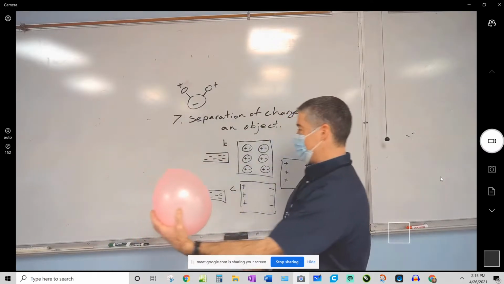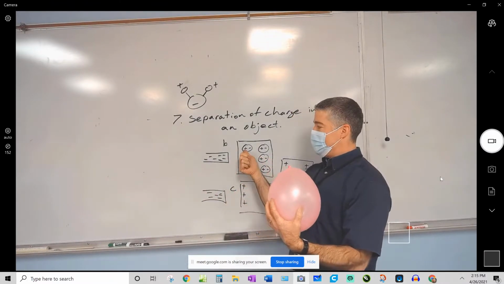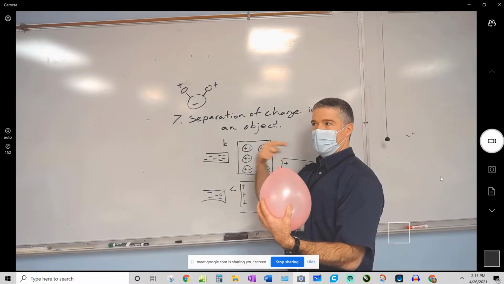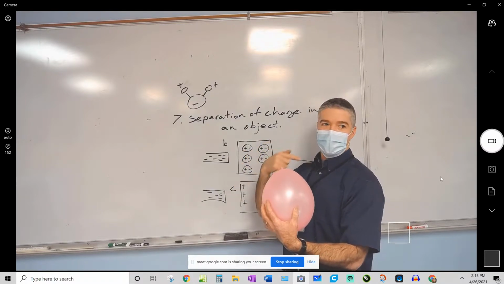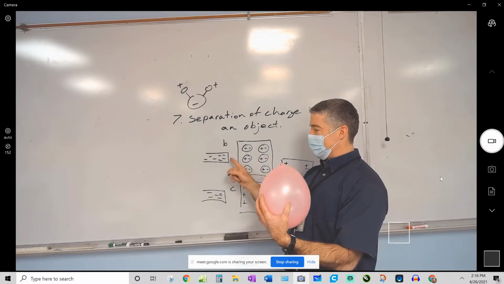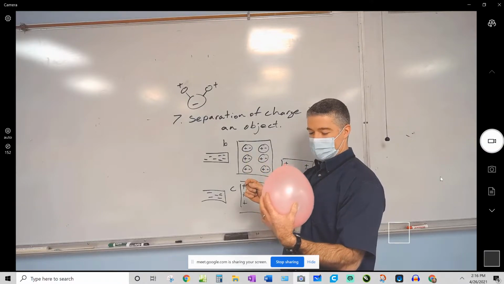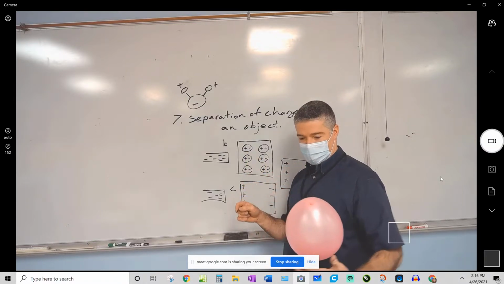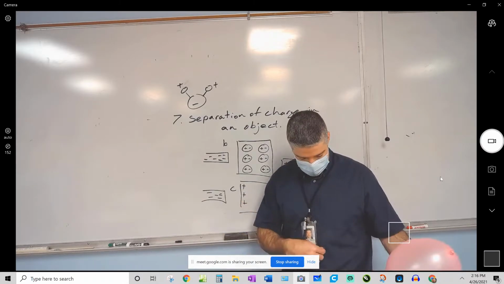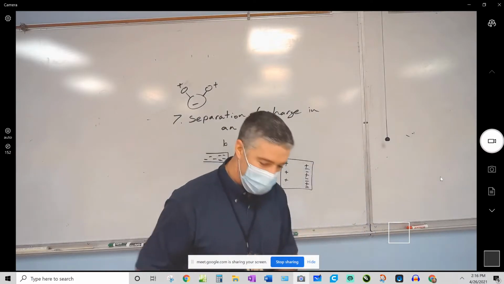As I bring this negative balloon over next to my shirt, the near sides of my shirt molecules are becoming positive because this balloon is pushing the electrons to the other sides of those molecules. So the closest things to this balloon in my shirt are the positive sides. So that's why it attracts. That's why it's sticking to me. It's not that I have the opposite charge of the balloon.